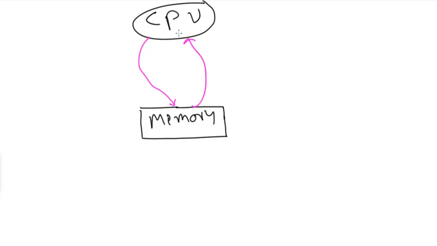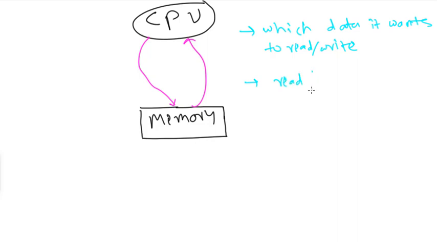Whenever CPU goes to memory, it says two things: which data it wants to read or write, and second, for what purpose it wants to access the data, whether it is for read or for write.